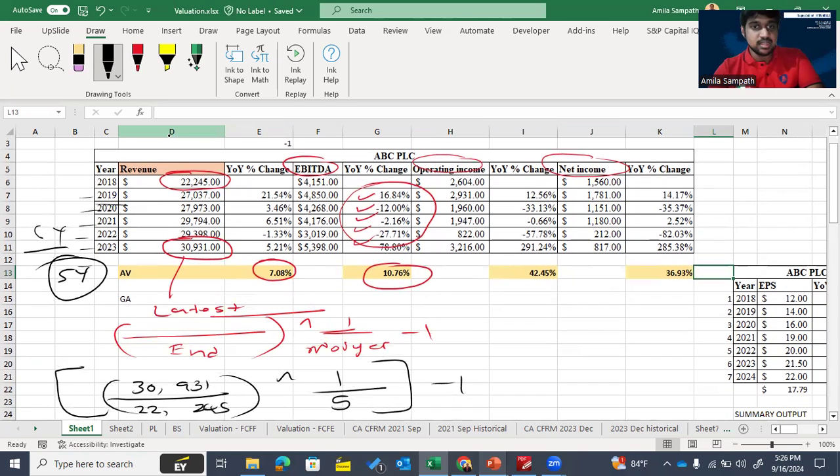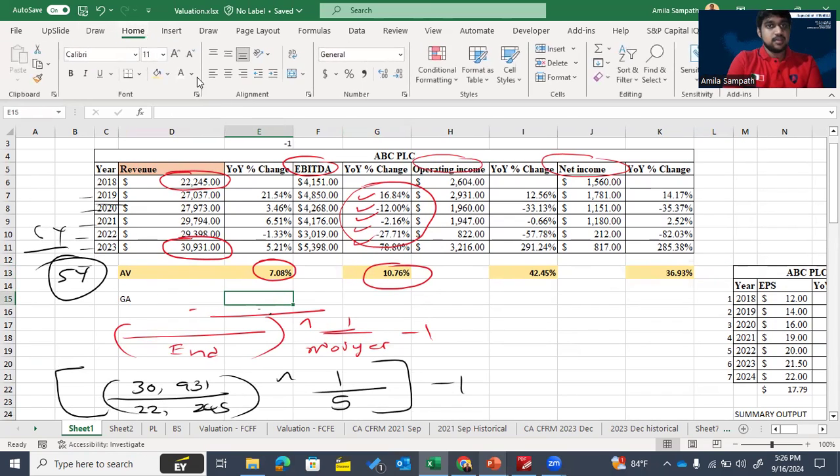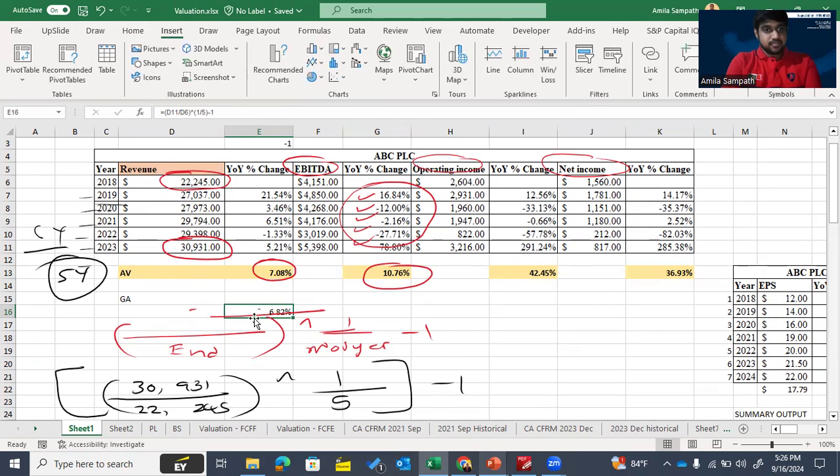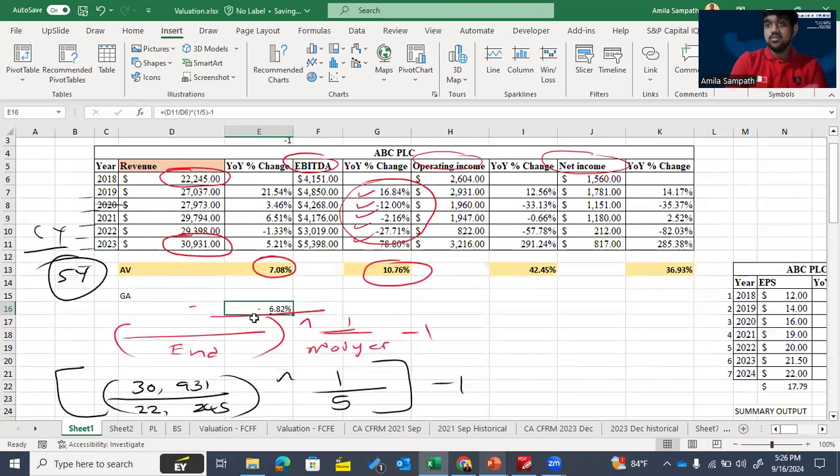Our latest year revenue 30 divided by 22, raised to the power of 1 over 5, minus 1.